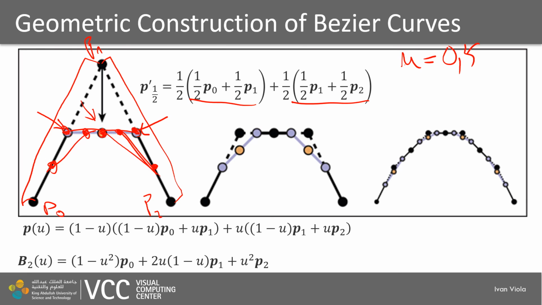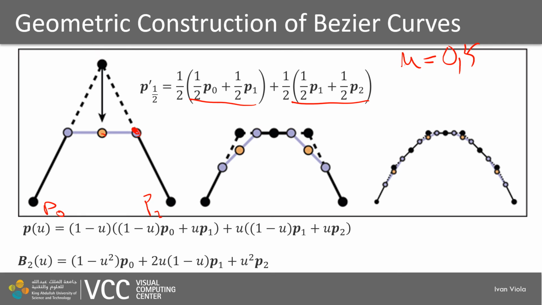Actually, this orange point, let me clear it up a little bit, this point is f(0.5). So we take the half midpoint and then the midpoint of the midpoint. And that is the point through which this Bezier curve is going.